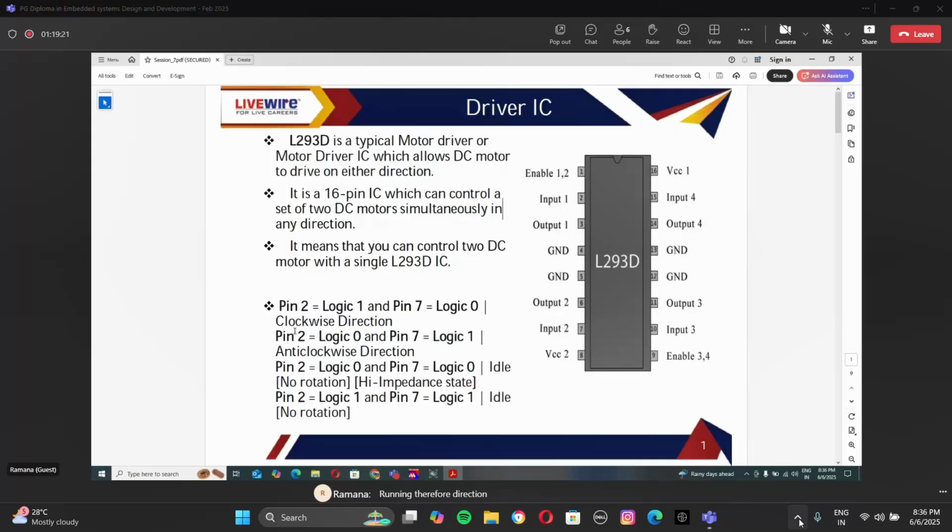If we give pin 2 as 0 and pin 7 as 1, the motor will run in the anti-clockwise direction. So 1 0 is clockwise and 0 1 is anti-clockwise.